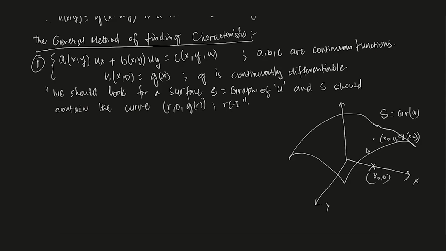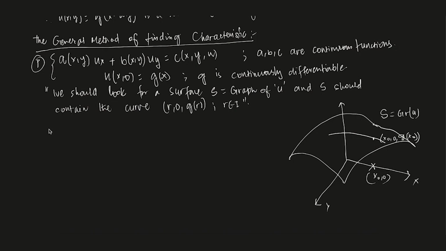So any surface which satisfies these two conditions has to pass through this point (x naught, 0, g of x naught). This holds for any point on the x-axis, so the surface should contain a curve parameterized by (r, 0, g of r). So this is our new information.